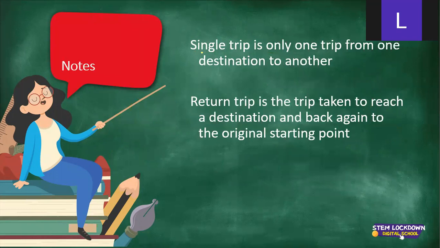This is just for your personal enrichment. Sometimes we talk of single trips and return trips. A single trip, let's say I'm moving from Cape Town. I like Cape Town, beautiful place. And then you're going to Johannesburg.